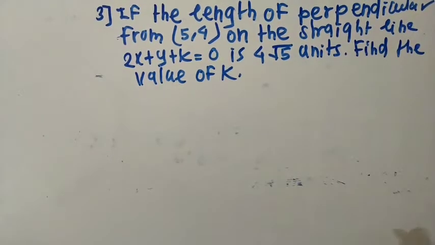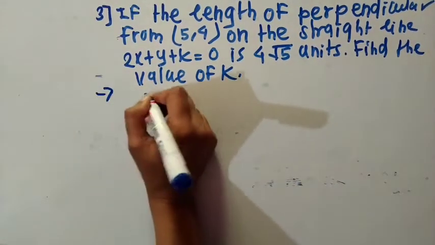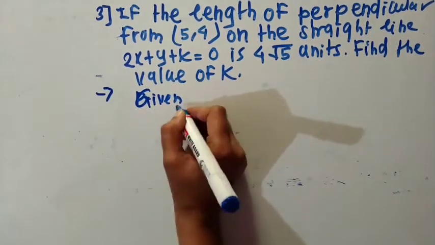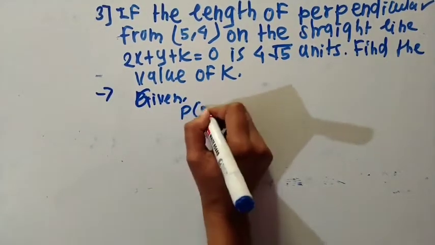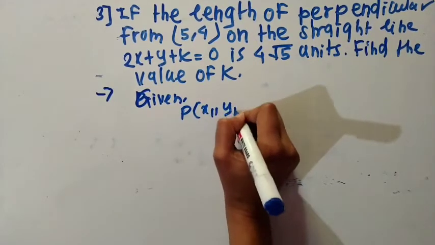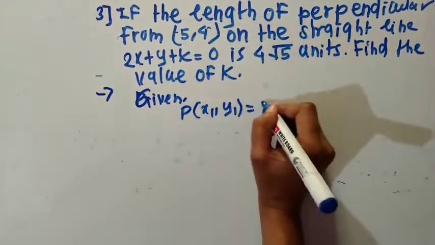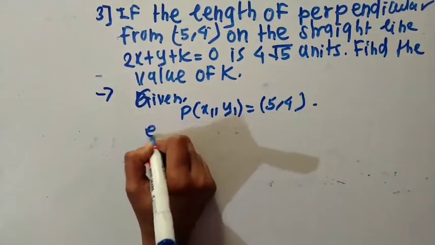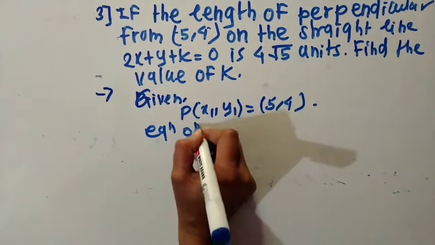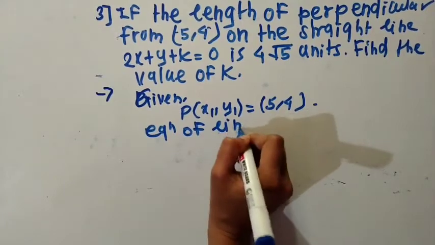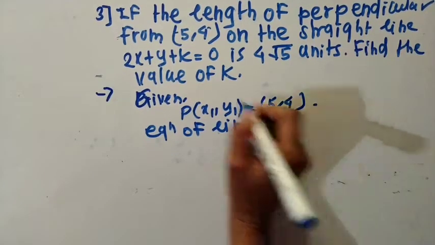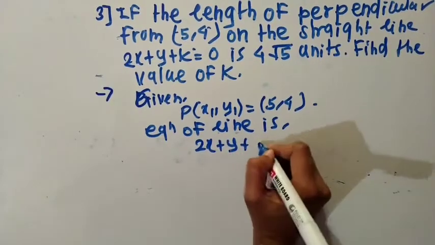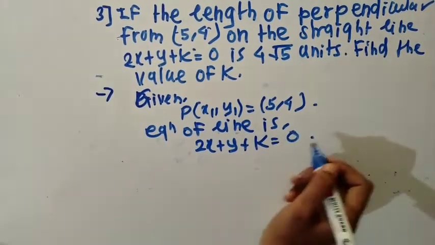First, given that P(x1, y1) = (5, 4) and the equation of the line is 2x + y + k = 0.